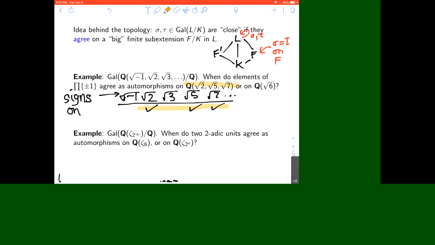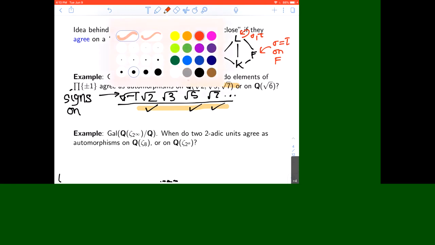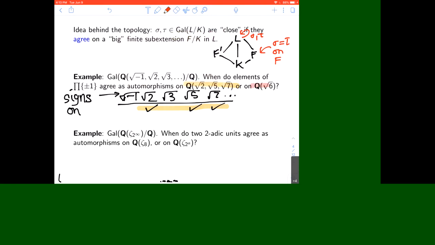On the other hand, if I wanted to look at what it means for automorphisms to be equal on Q adjoin the square root of 6, well, the square root of 6 isn't actually on this list. But you see, what happens at root 6 is determined by what happens at root 2 and root 3. Specifically, the sign changes at root 2 and root 3 have to be the same for the square root of 6 to be unchanged.